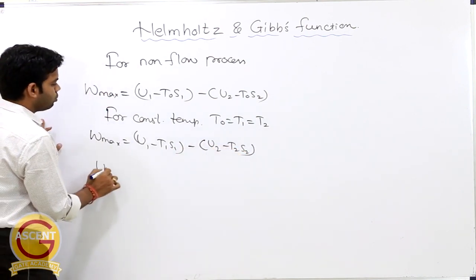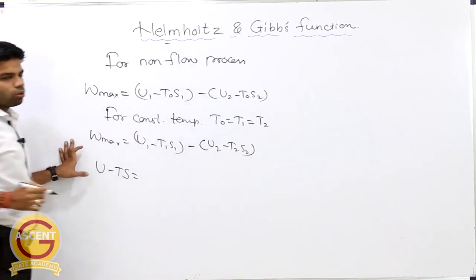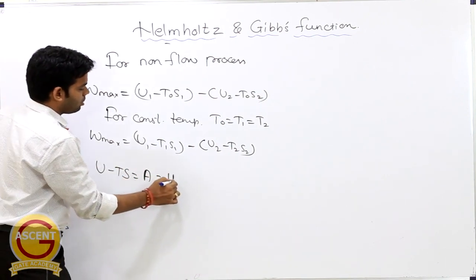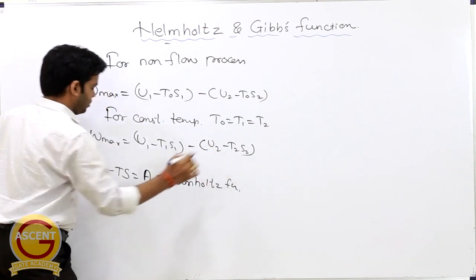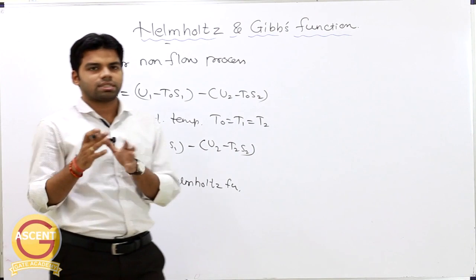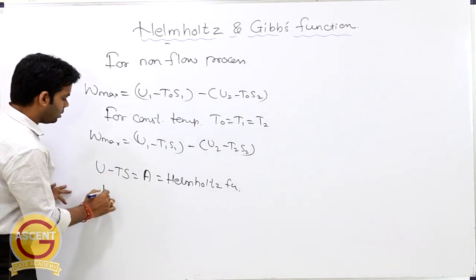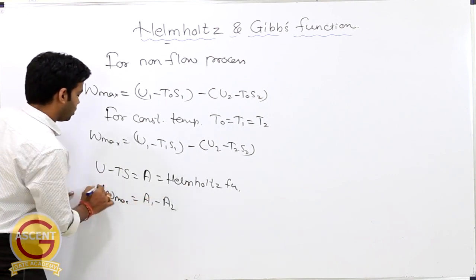Okay, so this U minus T into S is another function which is nothing but Helmholtz function, and this is denoted by A. So the maximum work in a closed system, if it is changing its state from state 1 to state 2, is nothing but change in Helmholtz function.